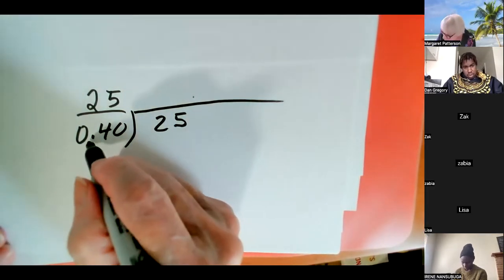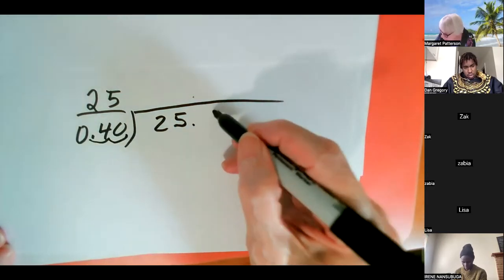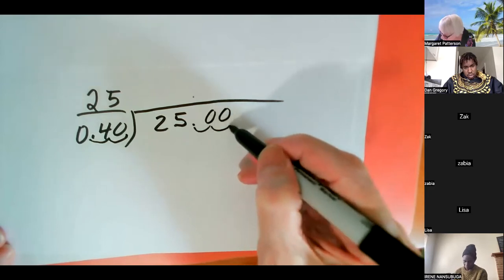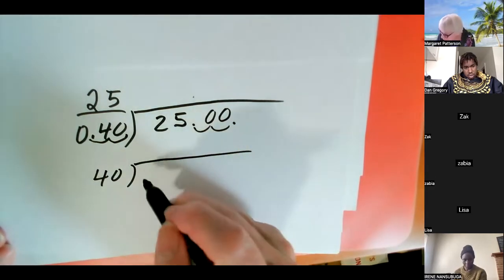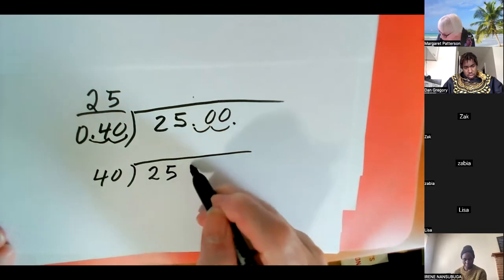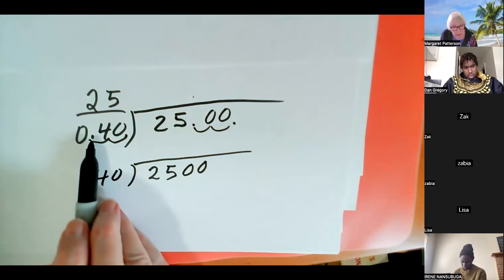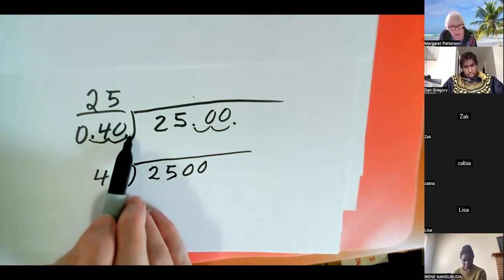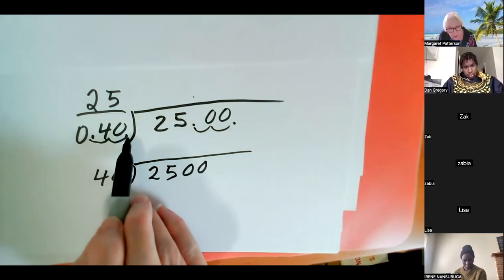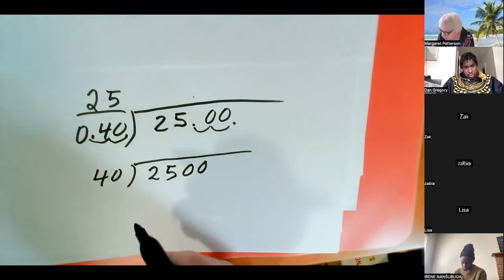So I'm going to move this over 2 places. And I would then have to move this over 2 places. So this would be 40 into 2,500. I was dividing by a decimal number, so I have to clear the decimal for division. And I moved it over 2 places, so I have to be fair and move this over 2 places.